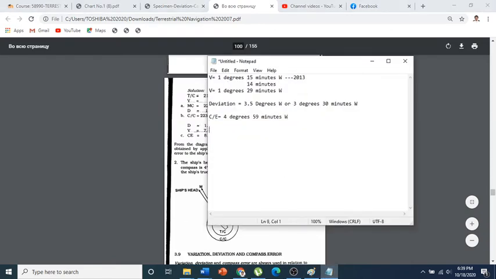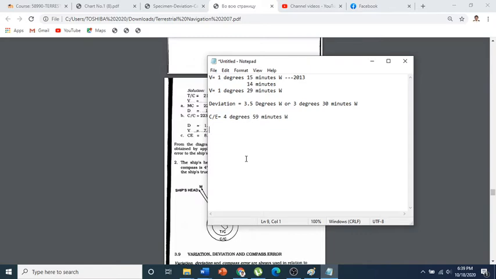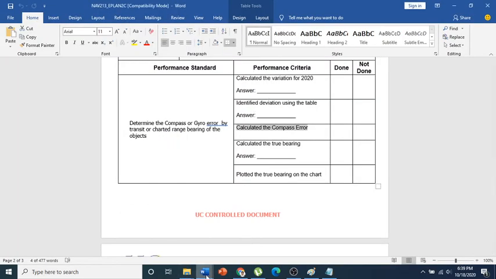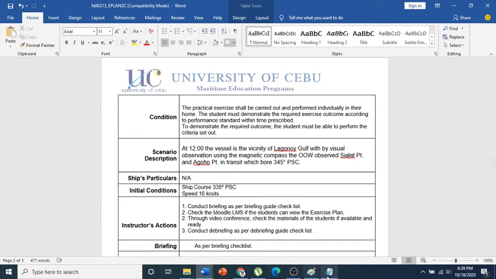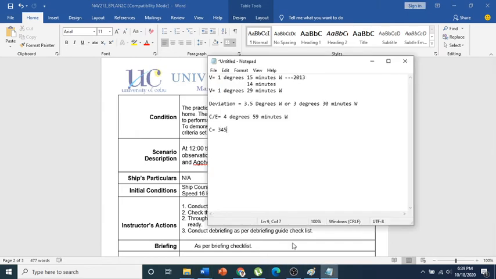Given that we have the compass bearing of, as stated before, 345, we go "Can Dad Vote Twice". The deviation is 3.5 degrees west.